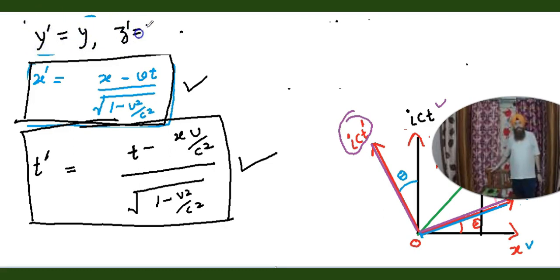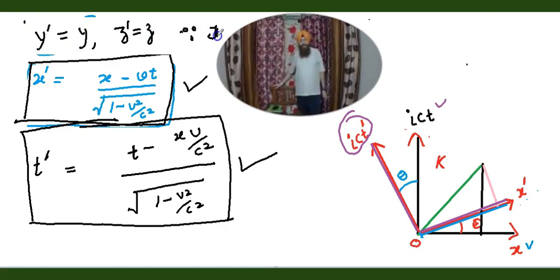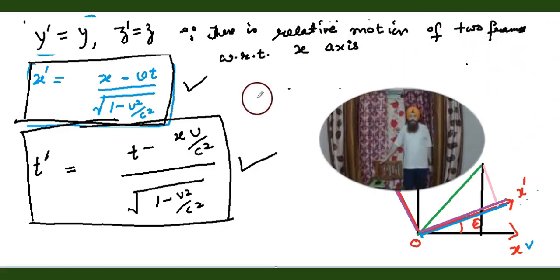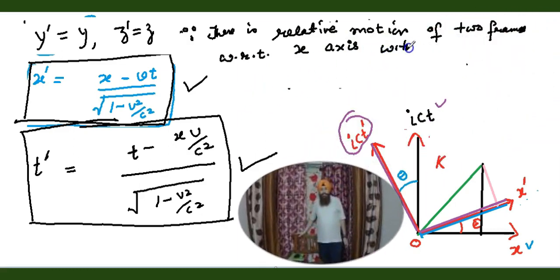This is the relative motion of the two frames with respect to the x-axis. So that's why the change in x equation with velocity v.